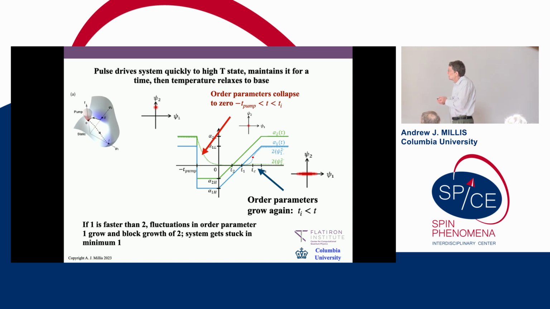And as it grows, it creates its own amplitude, which acts to suppress the more favored order parameter. So the result is that you wind up rolling down the hill in this direction and being stuck in minimum 1. Now, there's a bunch of other things to say about this, which I haven't time for, relating to the structure of the fluctuations that you get in the two order parameters.